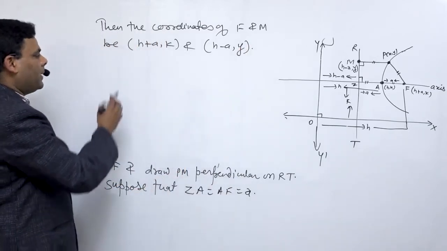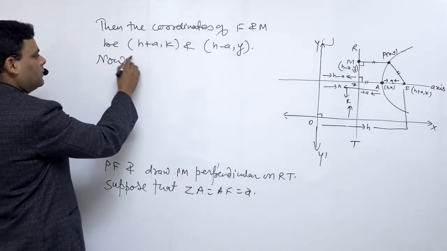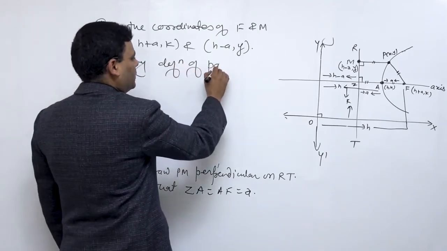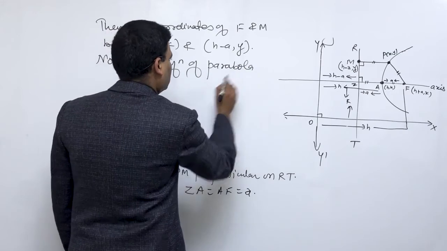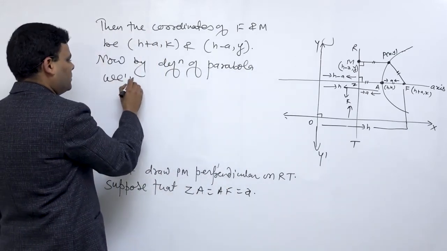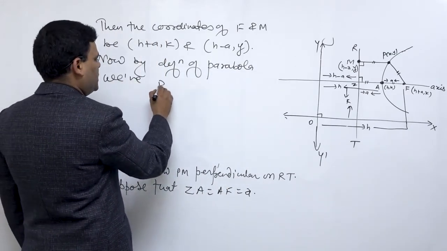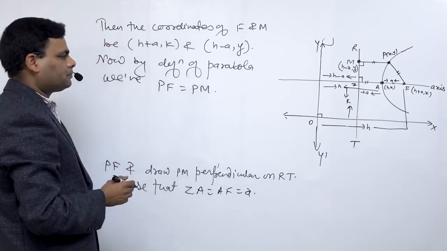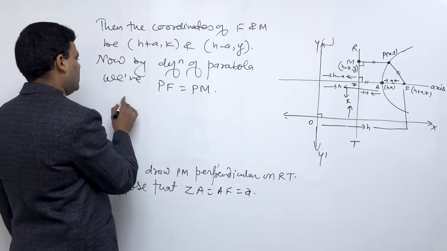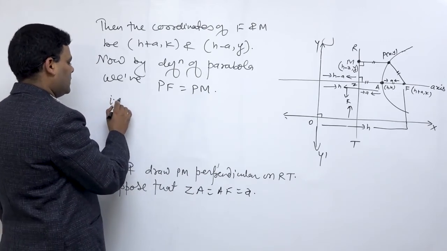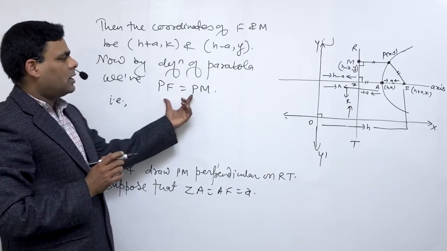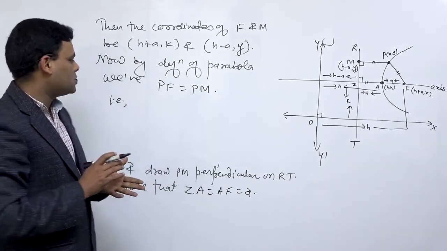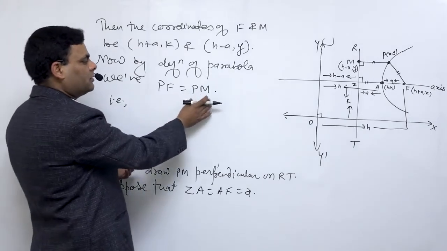Now by the definition of parabola we have PF equals PM. This is because every point lying on the curve is always equidistant from the focus and the directrix. So we have PF equals PM.